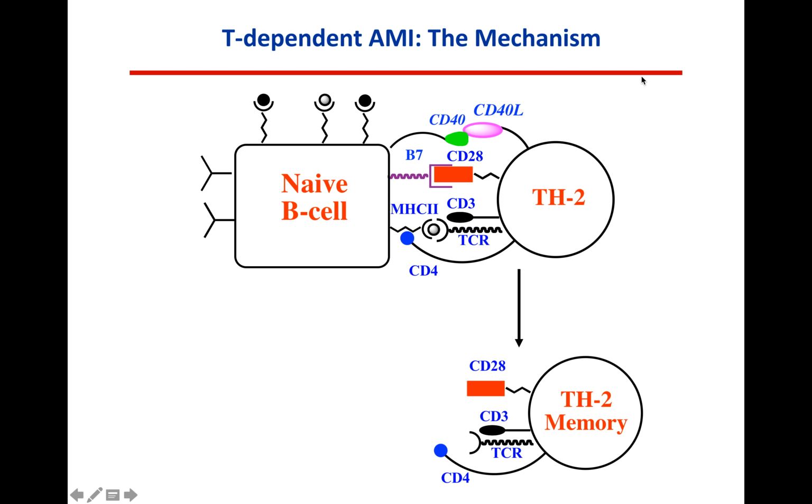When the TH2 cell runs into a B cell expressing the peptide MHC2 that it recognizes on its surface, it will engage it. Its CD28 will engage with the B7, and CD40 ligand will engage with the CD40. So you see this whole complex will now be formed.